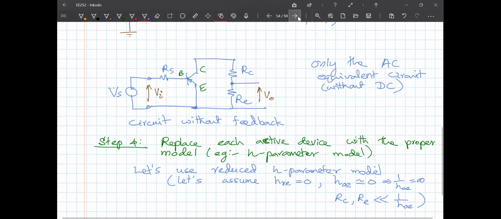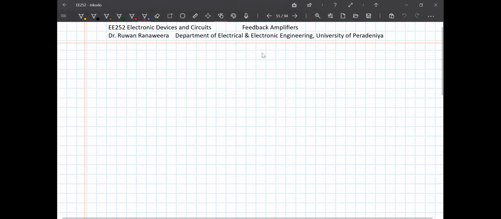Okay, so with that, if I draw the circuit again, so we had the transistor: base, collector, emitter. So in this arm, let me draw HIE alone. Let me mark it as this.